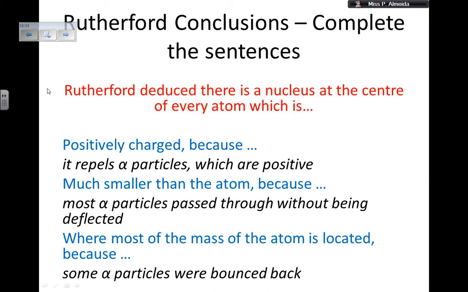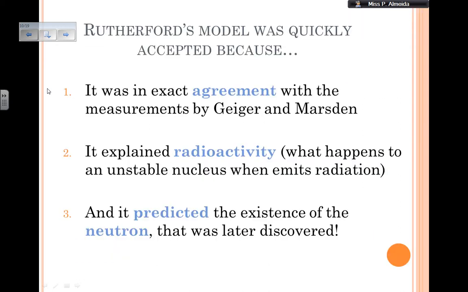If they are sometimes being deflected, it means that sometimes they meet something that has the same charge as them, so the nucleus must be positive. And if sometimes they were bouncing back, it means that they were going in such a direction that they would not even get deflected, but bounce back completely. And this would say that the nucleus was quite massive, quite dense. So the nucleus has a very small volume, but a lot of mass inside.